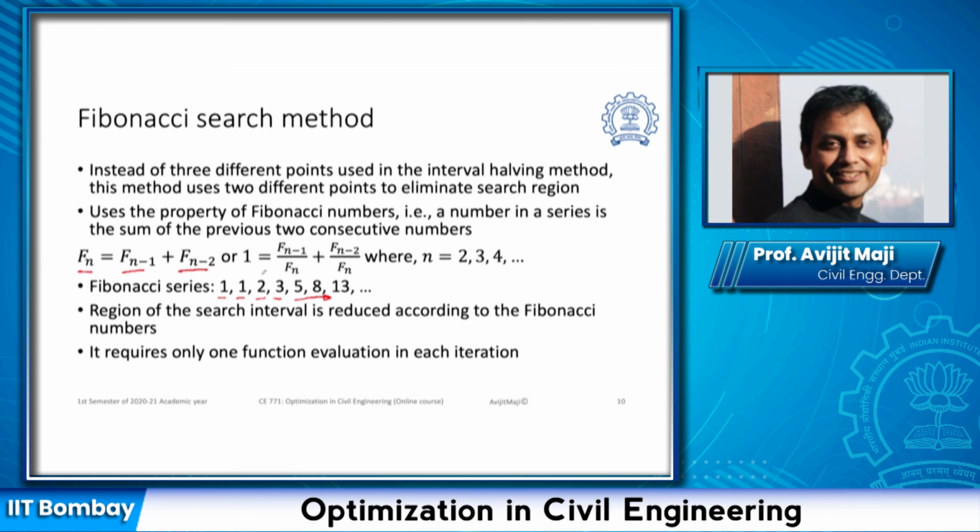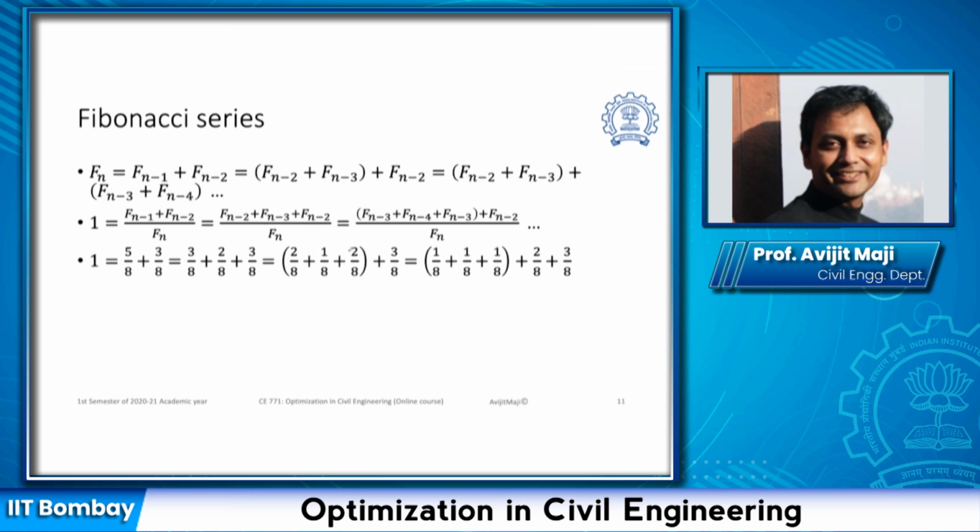Since the number is the summation of the previous 2 numbers, we can write that this summation can be represented as 1 with the help of normalizing it based on the present number. This we'll look into further once we look into the Fibonacci series. As I had said, in the Fibonacci series, the present number is the summation of the previous and the previous-to-previous number.